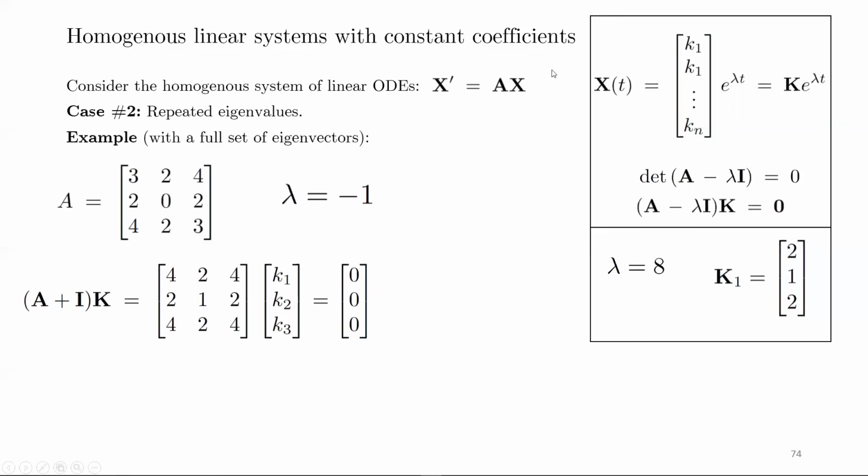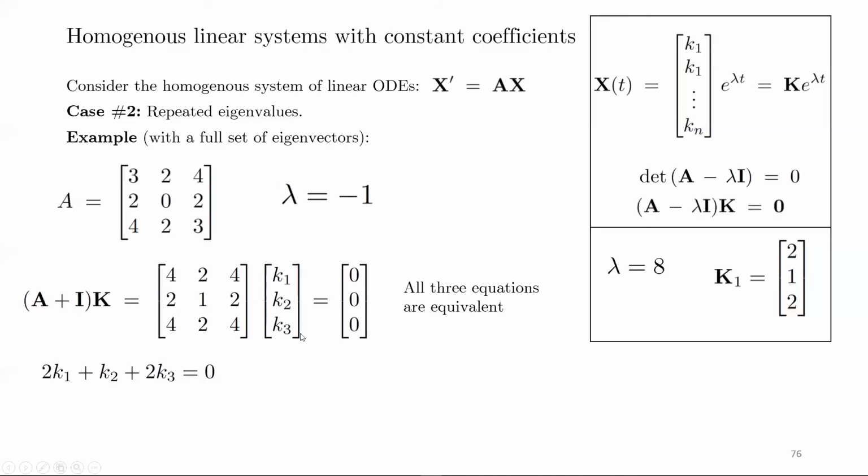Let's look at this system. It turns out that all these equations are equivalent. The top line is repeated on the bottom line, and it's also just 2 times the middle line as well. So all three of these equations are equivalent, and they effectively give us 2 times k1 plus k2 plus 2 times k3 equals 0.